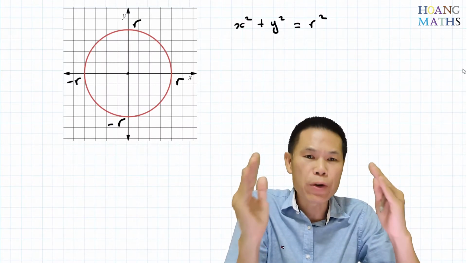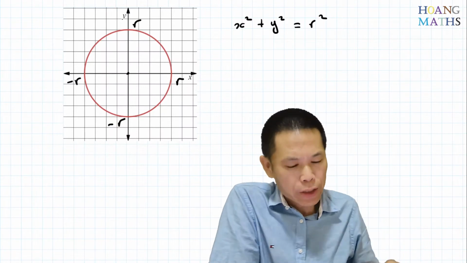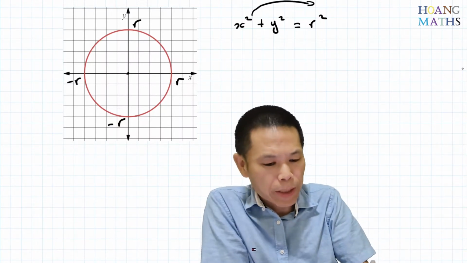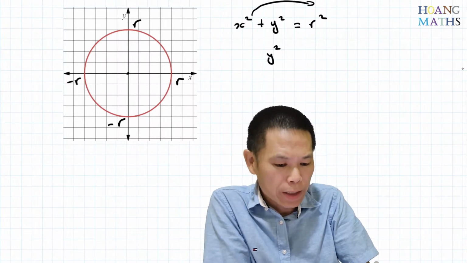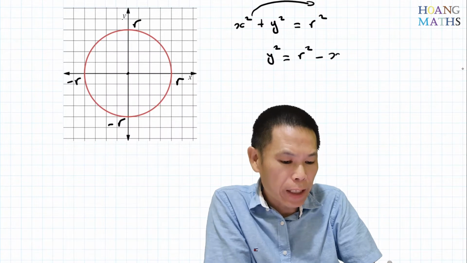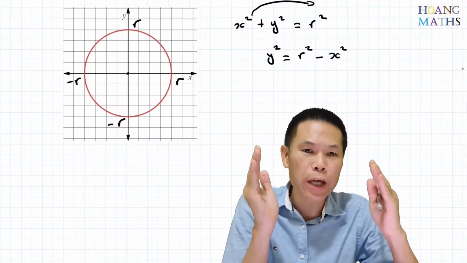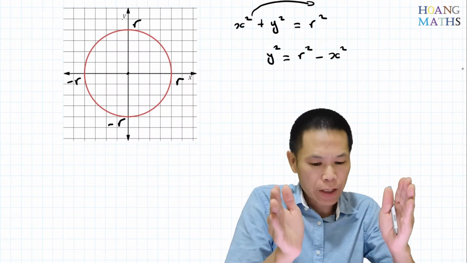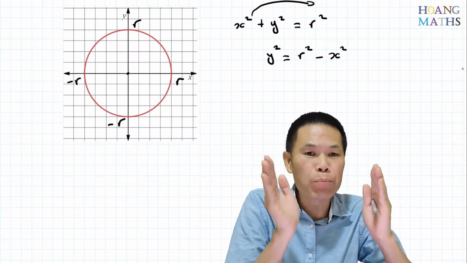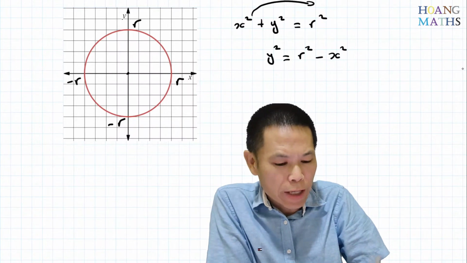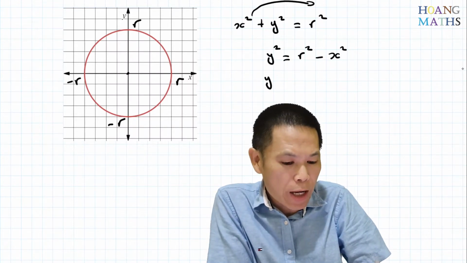Let me just rearrange the equation. I move the x squared to this side, so this becomes y squared is equal to r squared minus x squared, because when we move x squared to the other side, it becomes negative. If I square root both sides, the square root of y squared gives me y.